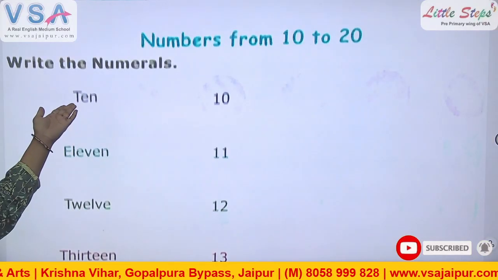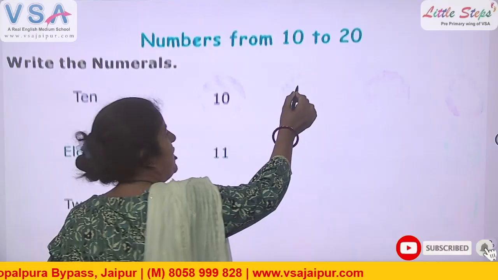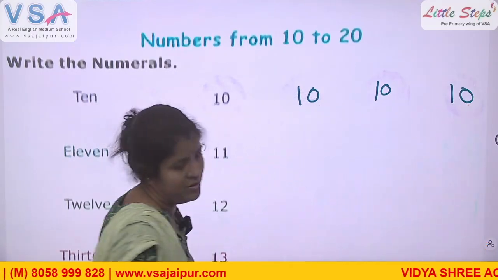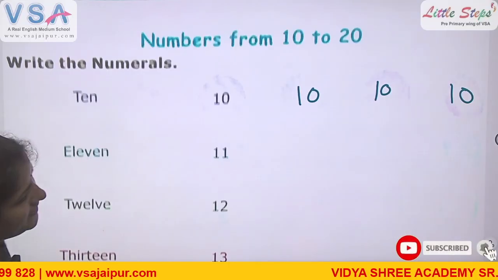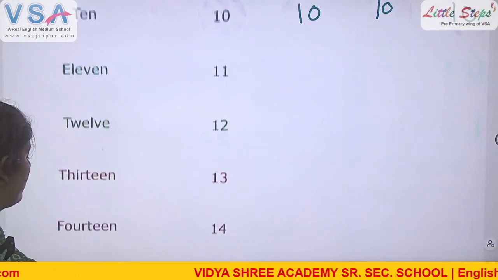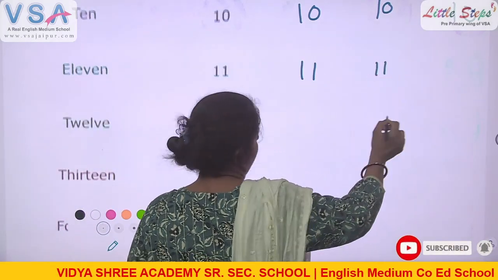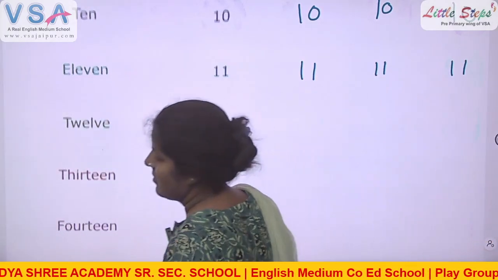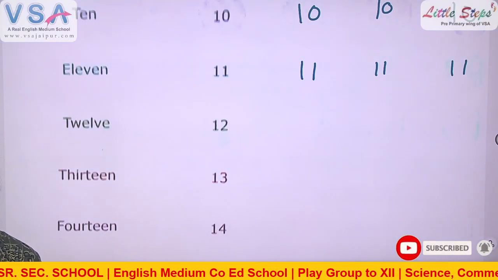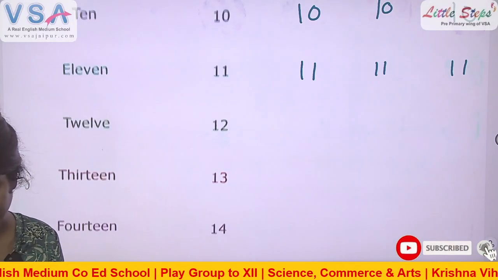Write the numerals. You have already written the spelling. Now you have to set the numbers, 10, 10, 10. Okay. Next number, 11. 1, 1. What is the spelling of 11?